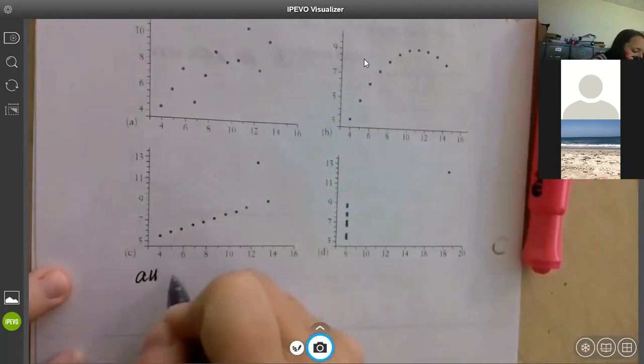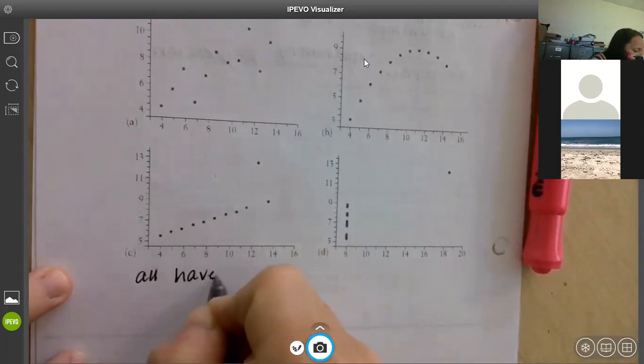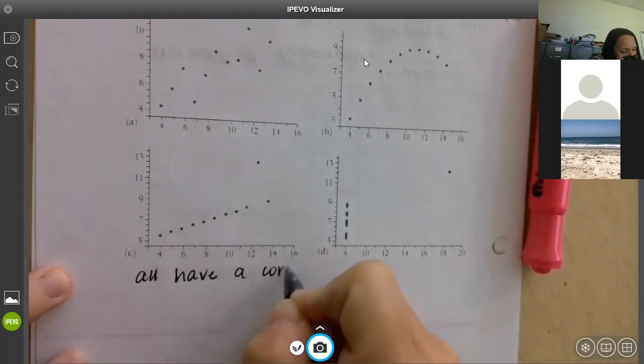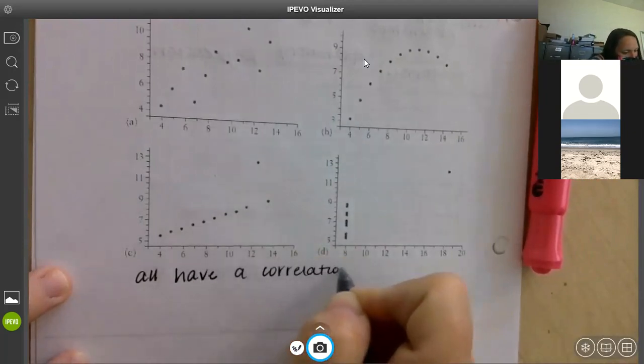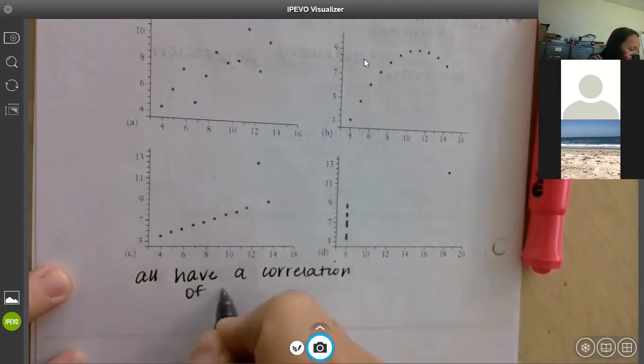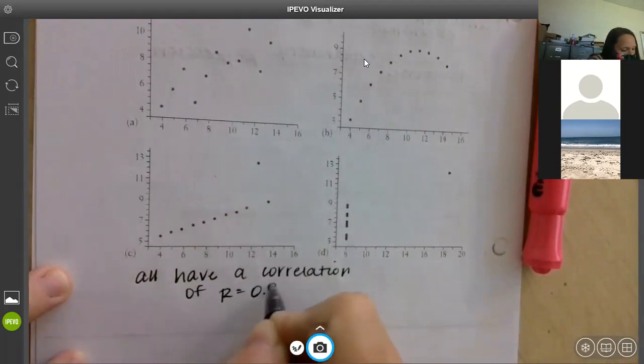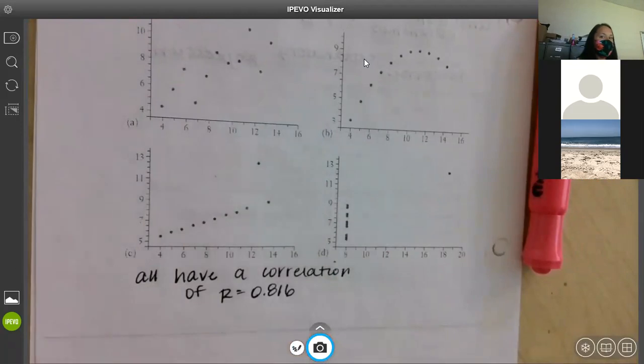All have a correlation of 0.186. So we could have a good R value, like 80% of data accounted for or whatever it's going to be, so square this.